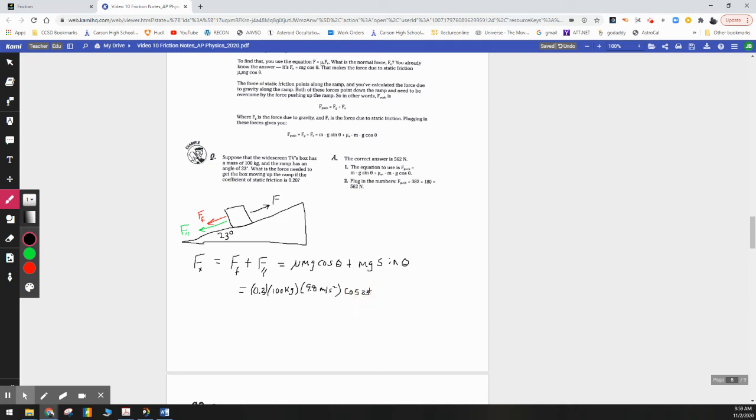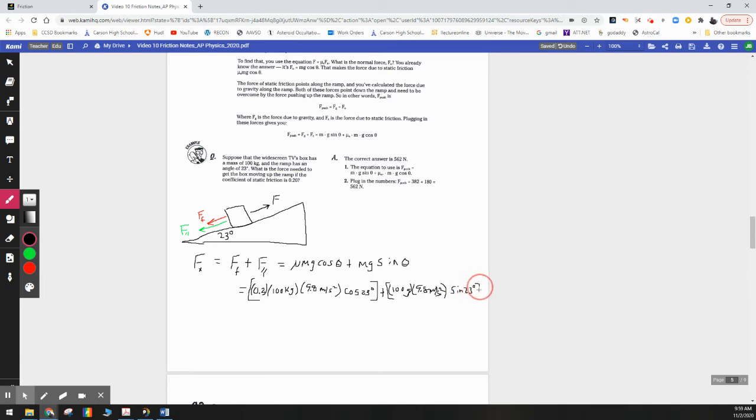Cosine of 23 degrees here. Plus, now if you want to, you can put this in a bracket so we don't get confused with our math. Another bracket here. And we have the mass again, 100 kilograms, times 9.8 meters per second squared, close parenthesis, times the sine of 23 degrees.